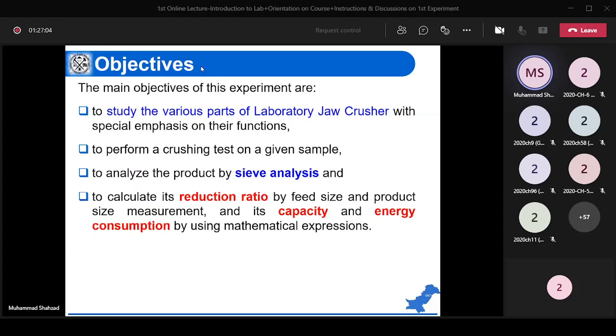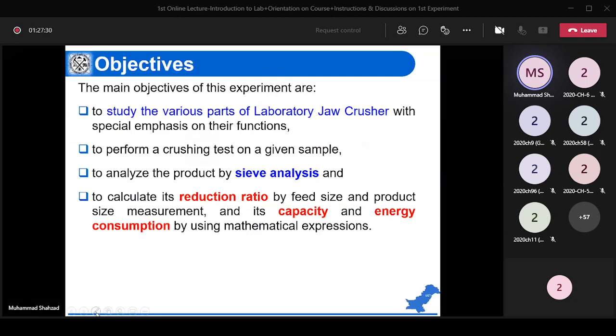Similarly, for a crushing machine, the primary job is to crush the particles into smaller size. So we are going to measure how many times this machine is going to reduce the particle size, and that is measured by reduction ratio.